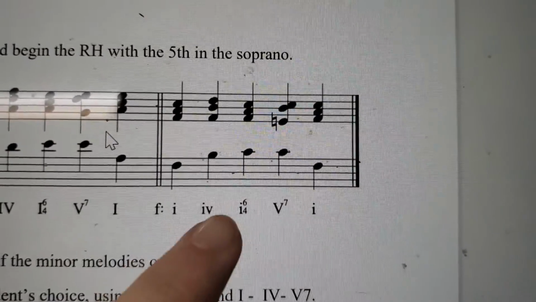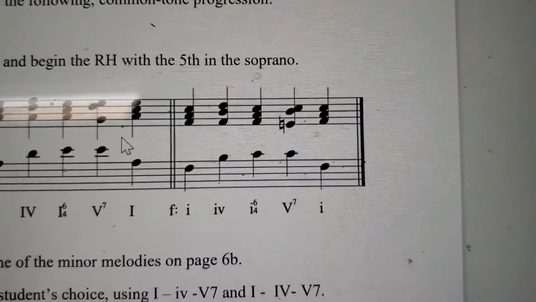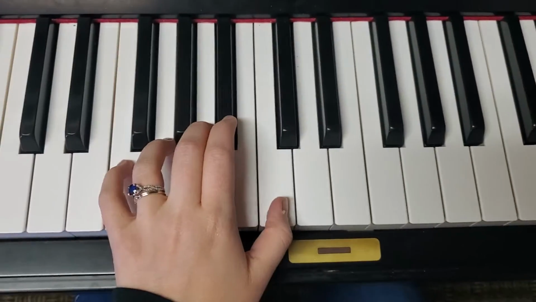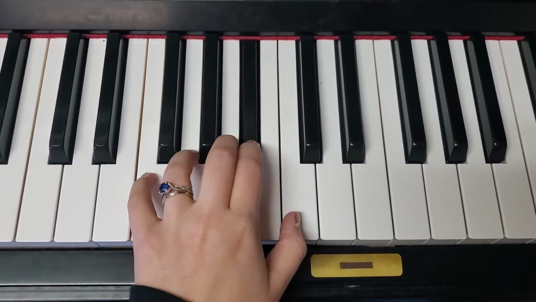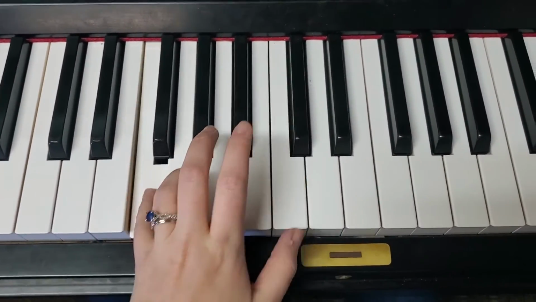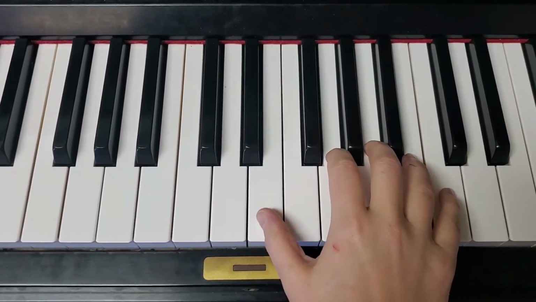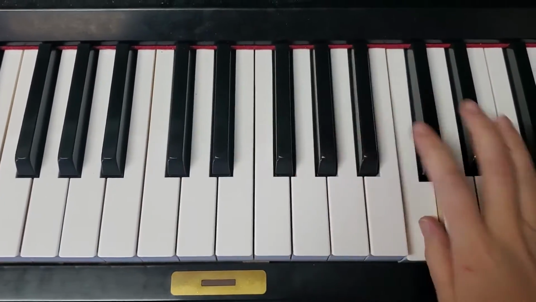Same thing where the 1, 6, 4, the only difference is the left hand note has changed to the 5th. And so let's go over that. So 1, 4, 1, 6, 4, 5, 7, 1. We will change the, so in the key of A flat, right?